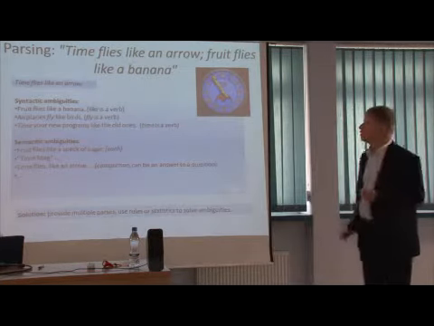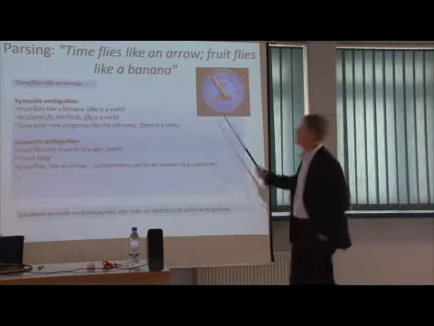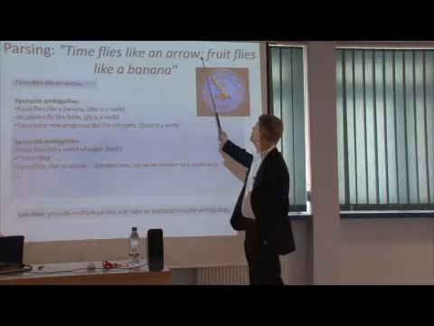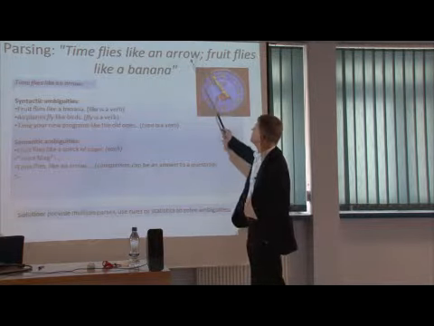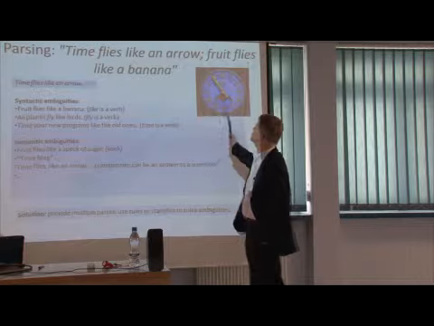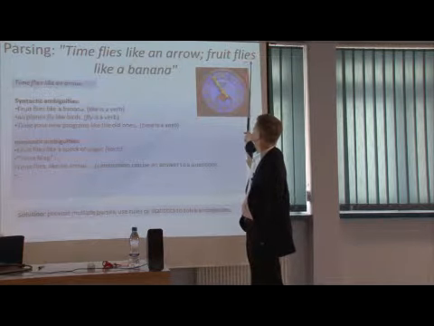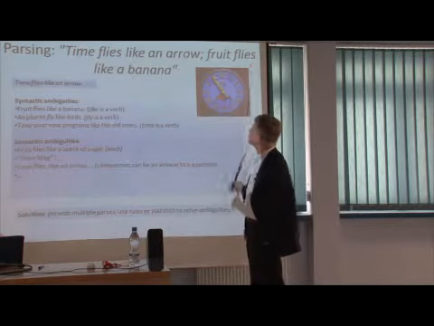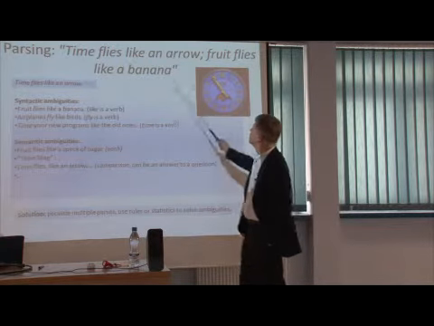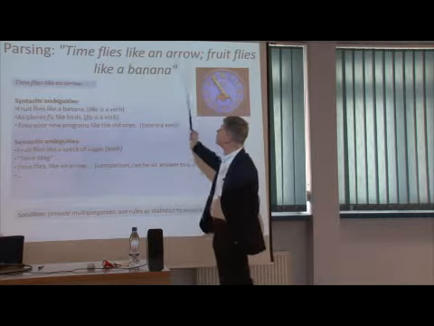Sentences are ambiguous, okay? So we have the sentence, time flies like an arrow, and it has the same structure as fruit flies, which is a noun. These are the little creatures that appear in summer on your fruit. And fruit flies like a banana, all right?